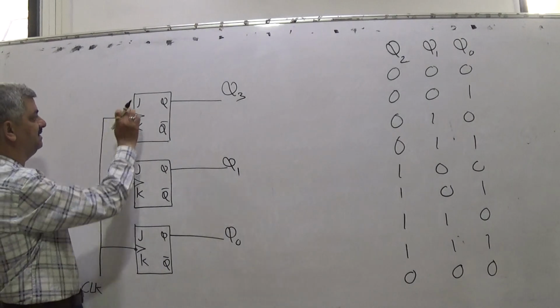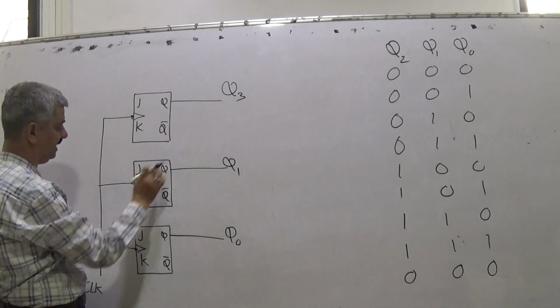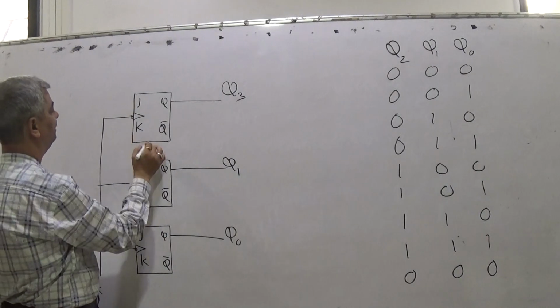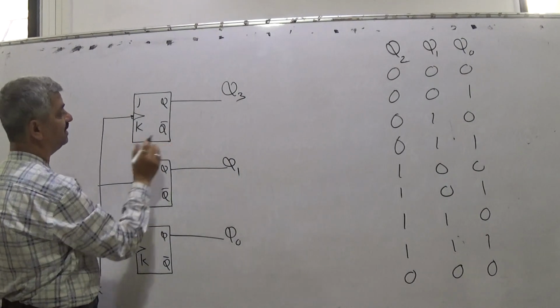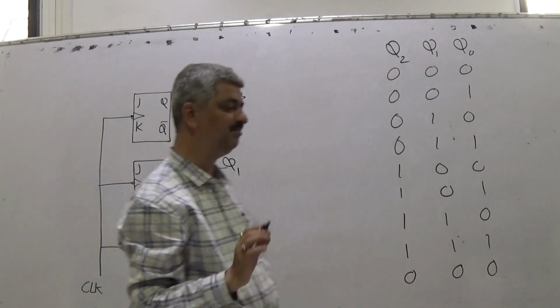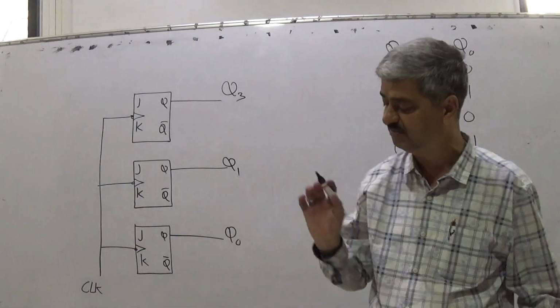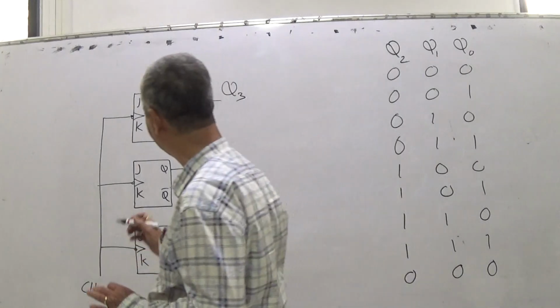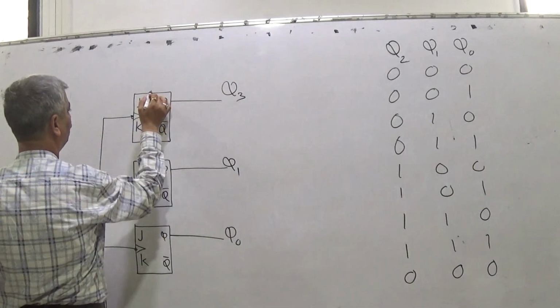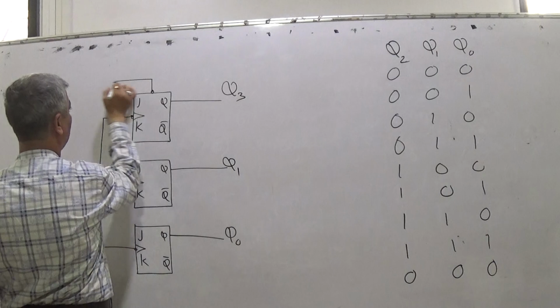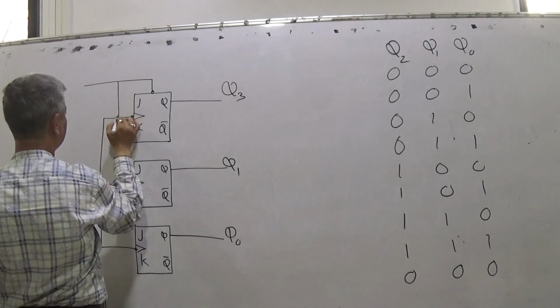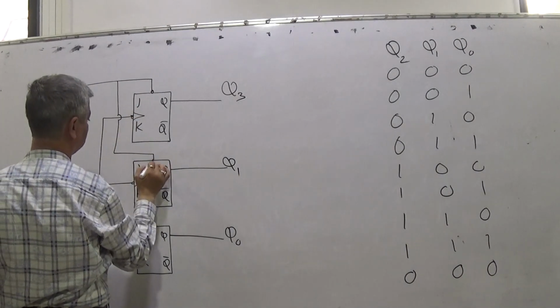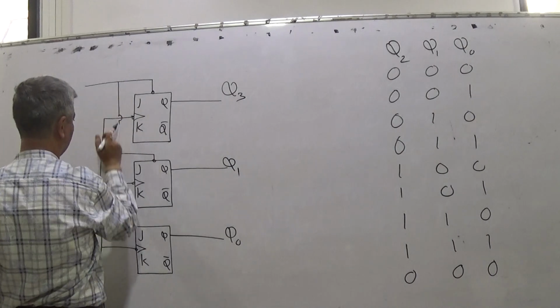Each flip-flop has J, K, Q, Q bar, and there is also a master reset, MR bar, for each flip-flop, but right now we are not using it. When we are not using it, we ground it. What does master reset do?